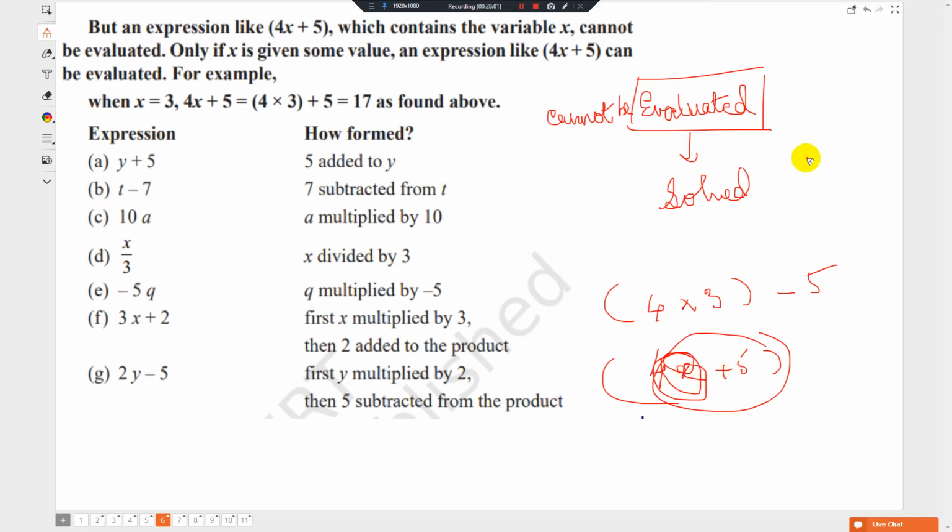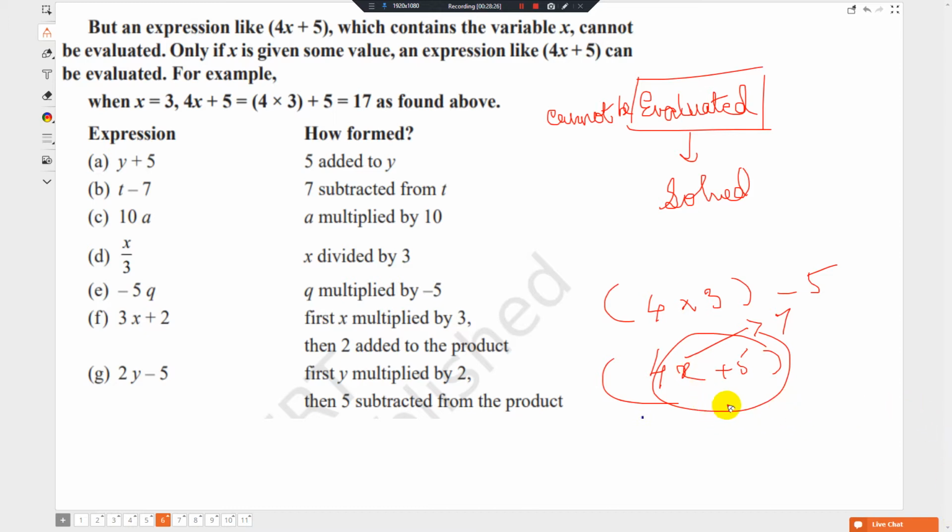If we knew the value of x, if x is 7, then 4 into 7 is 28, 28 plus 5 is 33.